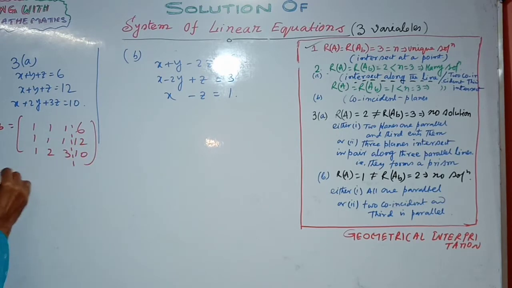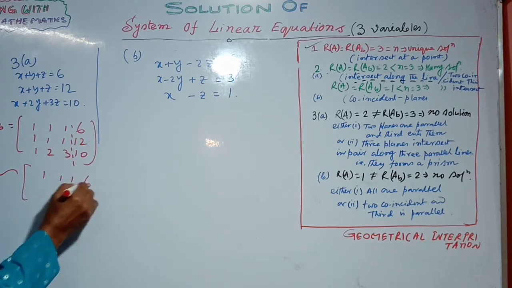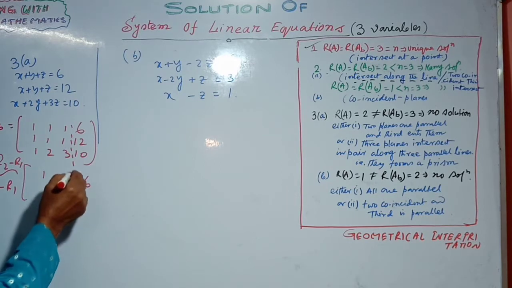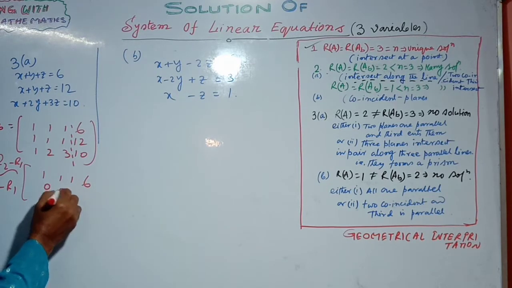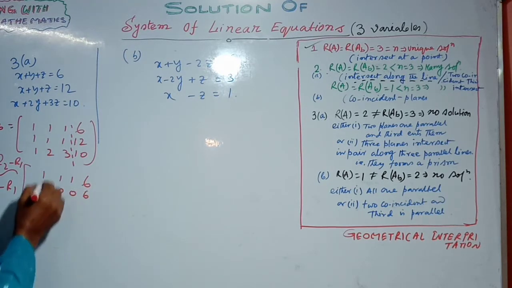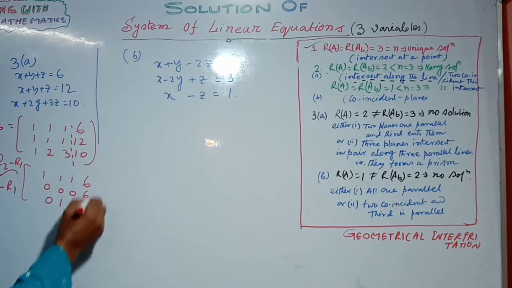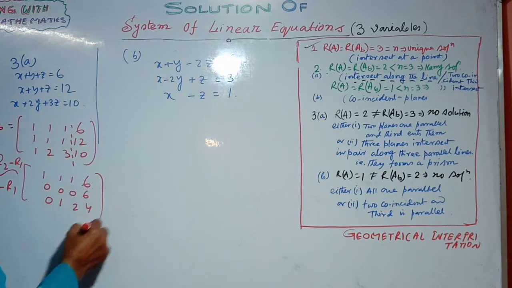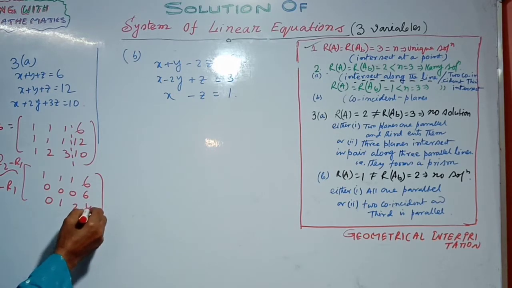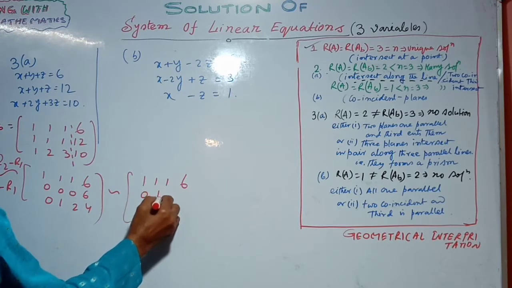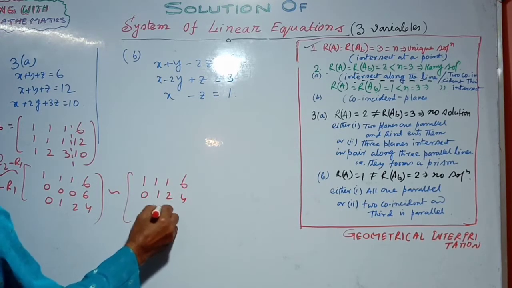This reduces, with R2 minus R1 and R3 minus R1, to 1 1 1 6, 0 0 0 6 and 0 1 2 4. That is of the form 1 1 1 6, 0 1 2 4, 0 0 0 6.